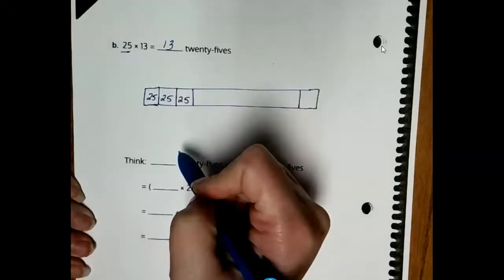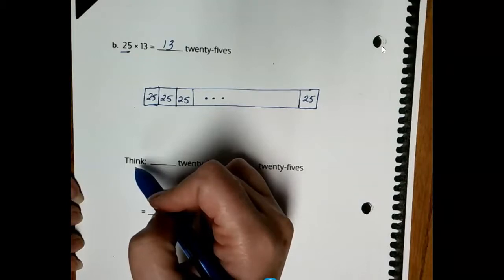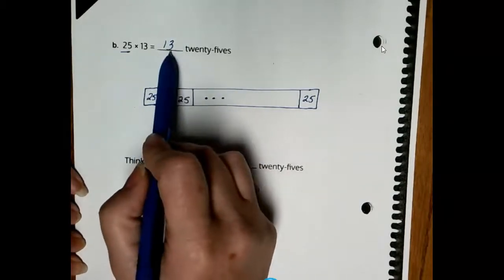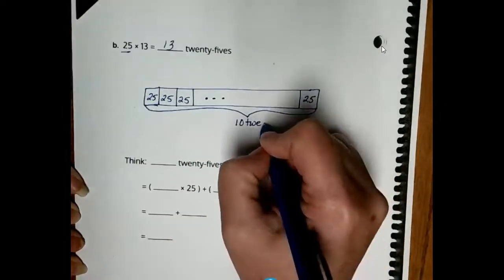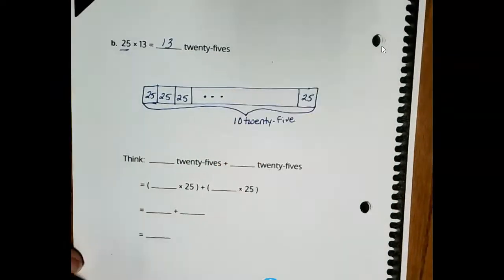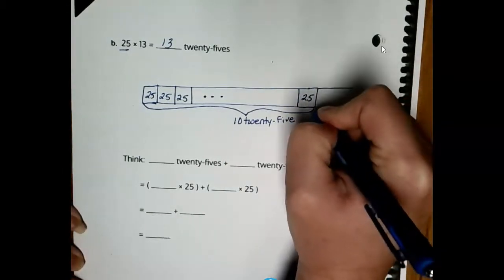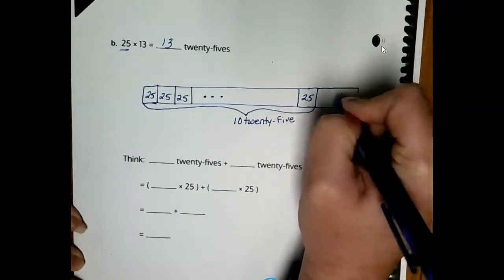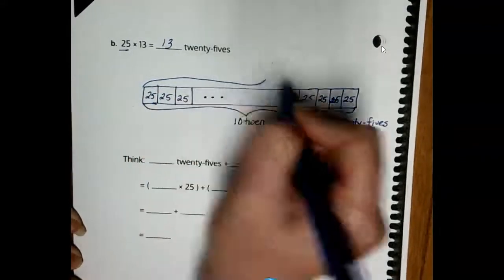I know I want 13 groups of 25, and I want to be able to multiply this in an easy way. 13 can be rounded down to 10, my 10 groups of 25. But I need to have 13 groups, so I'm going to add the 3 more groups here and show them on my tape measure, which gives me a total of 13 25s.